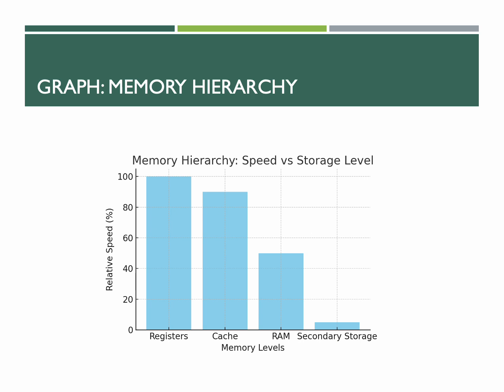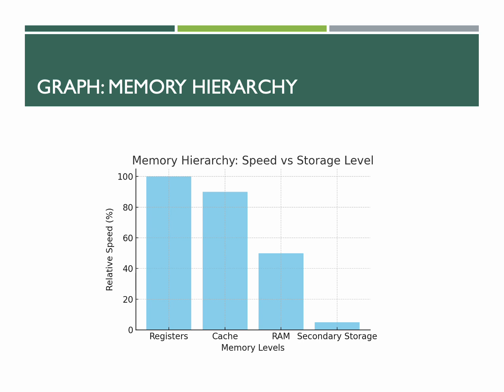Then cache memory. It offers very high speed close to registers, but it is slightly slower due to its larger size and location outside the processor core. Cache significantly reduces data fetch time for frequently accessed instructions.